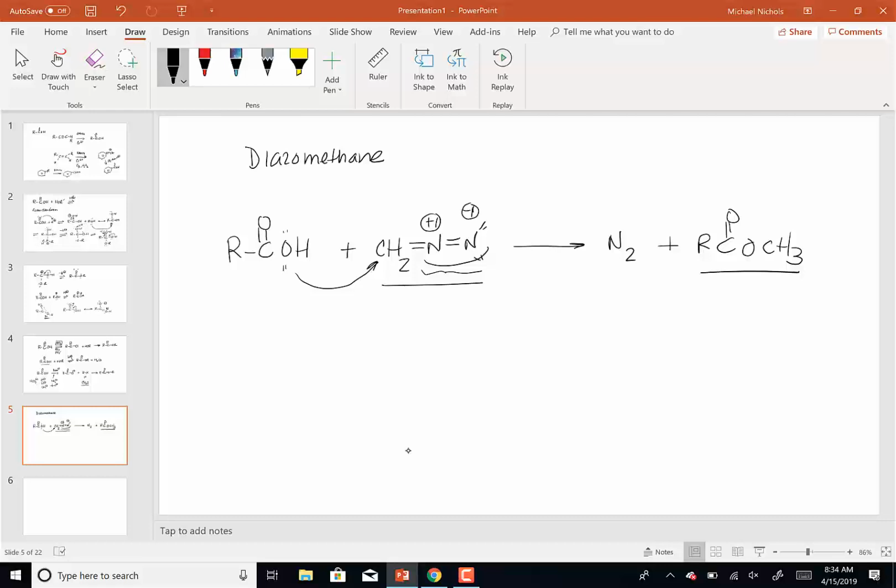So we can take carboxylic acids and we can make esters out of them. And we've also seen that we can take our carboxylic acid and convert it into an acid chloride. So what else can we do with the carboxylic acid?